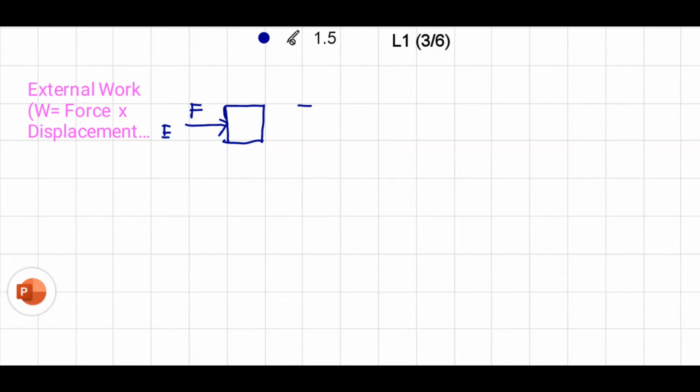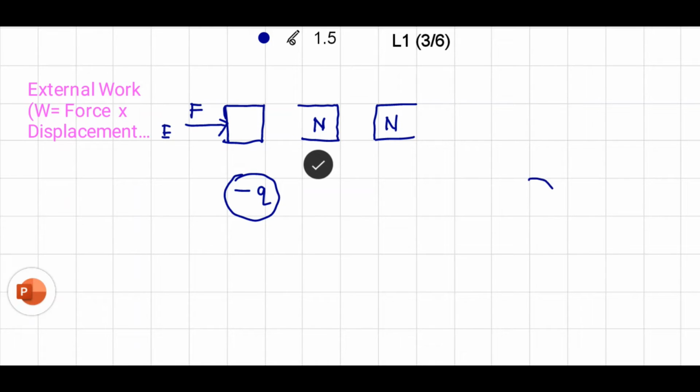In the case of a magnet, we saw that an N pole is repelled by another N pole due to magnetic field or magnetic force. A similar case is there for electrons. Let us consider a minus q charge. This is an electron, and another electron is at this place.